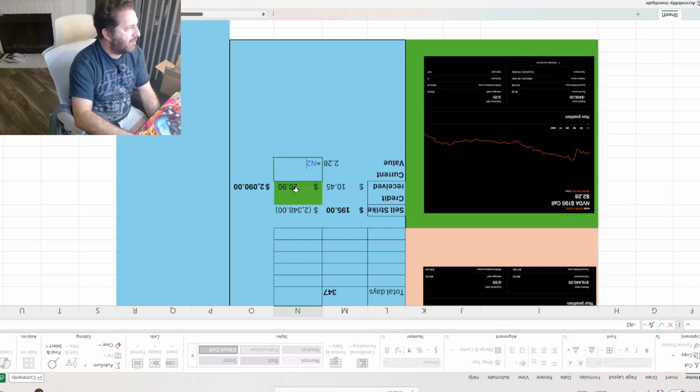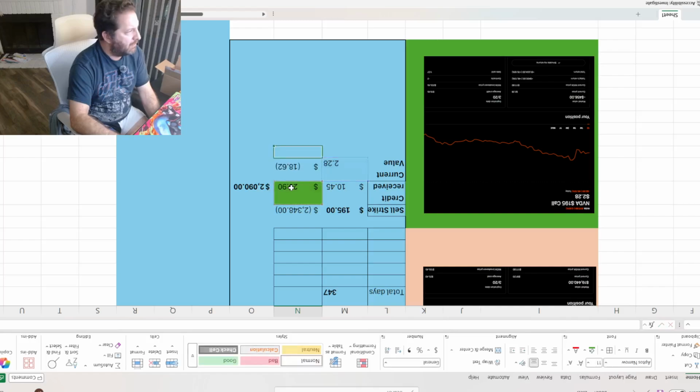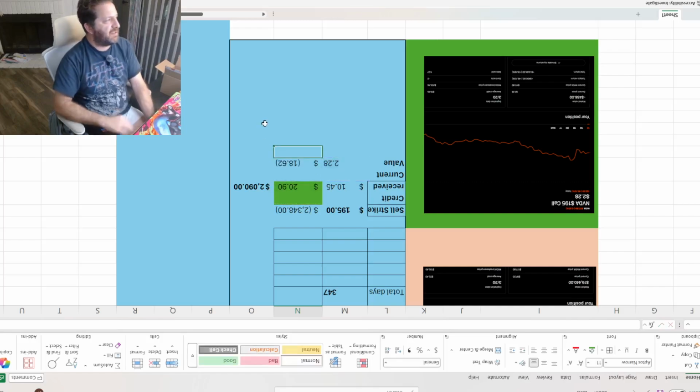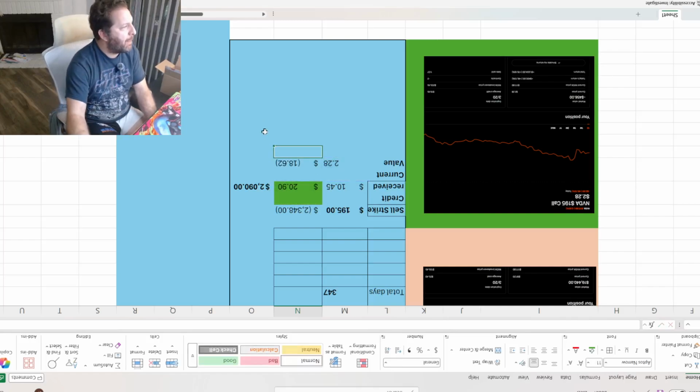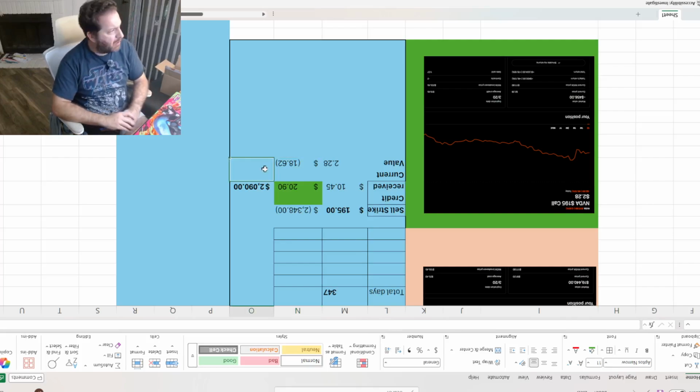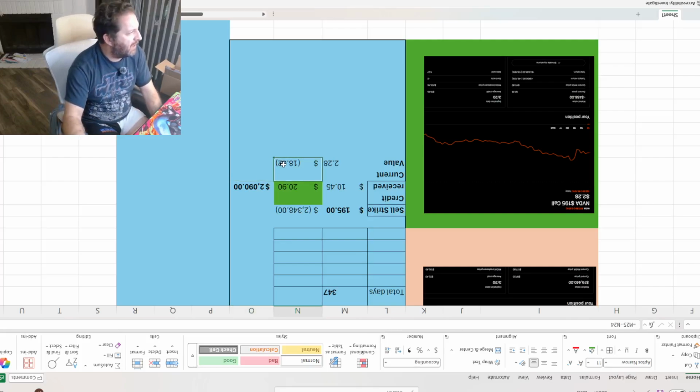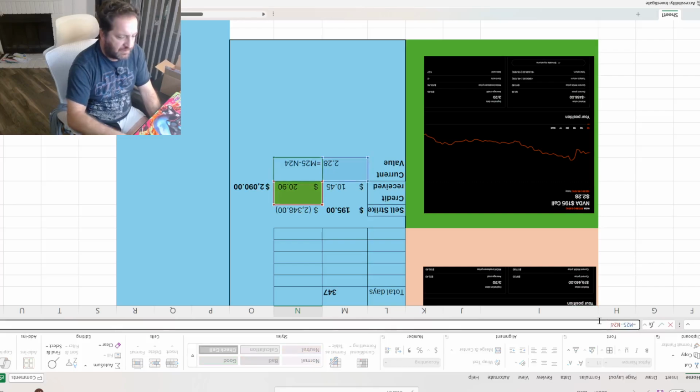Wait, it's going to be the other number. It's going to be this number minus this number. It's going to be negative 1862. I said put in a parenthesis. I think it is backwards. Thank you. It's going to be this number minus this number.